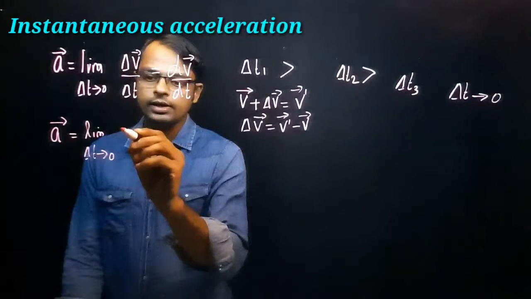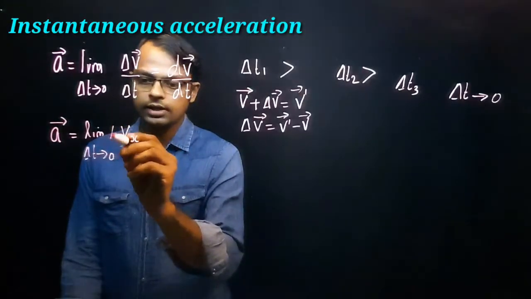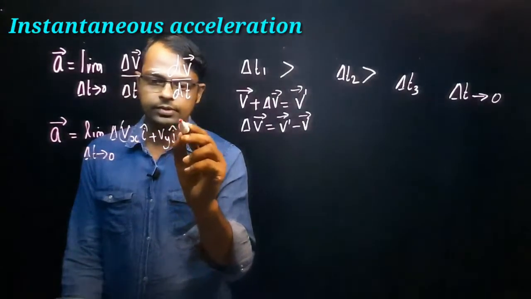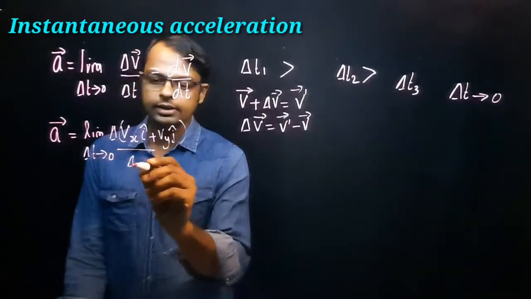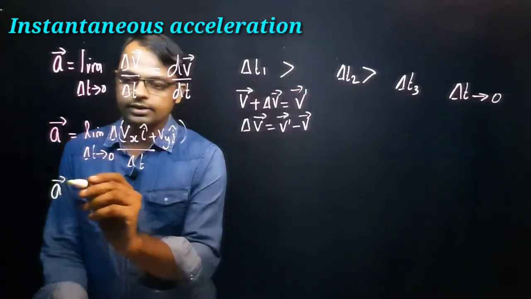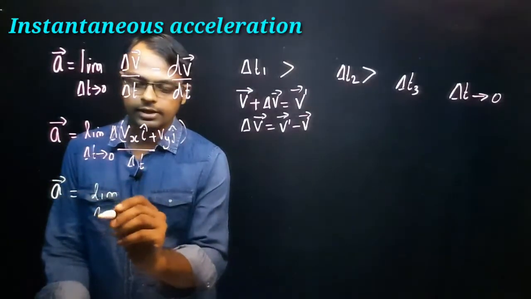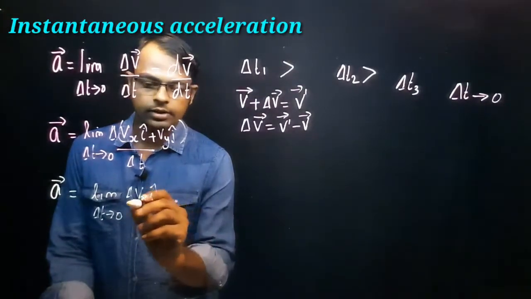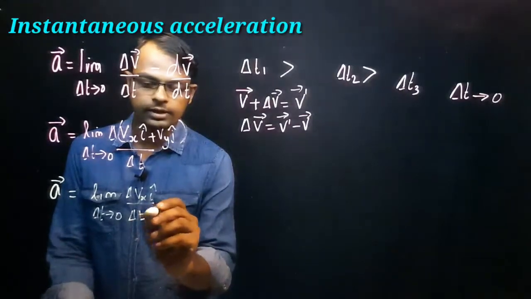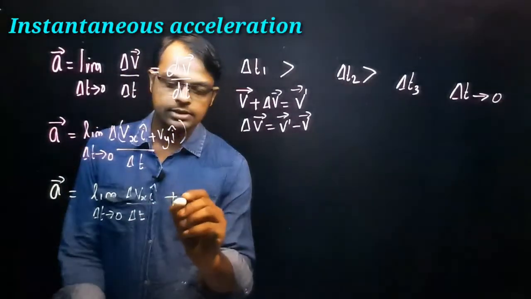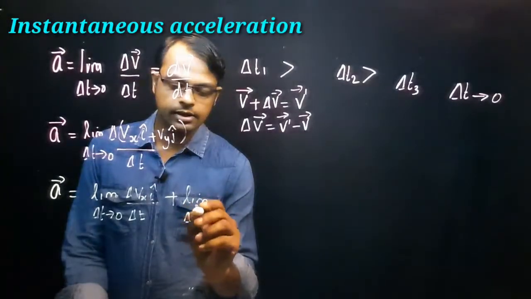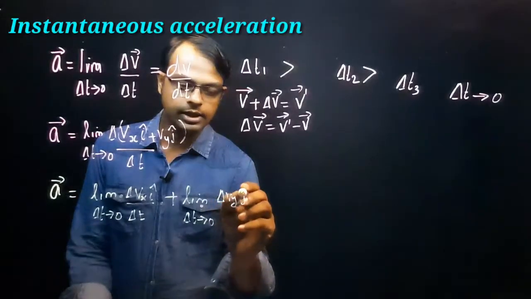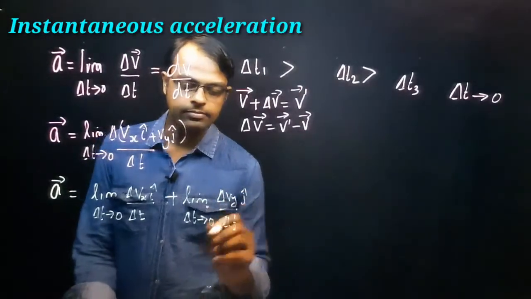Now what is delta v? Delta v means delta of (vx i cap plus vy j cap), correct, divided by delta t. That is, we can write here a vector is equal to limit delta t tends to 0 of delta vx i cap divided by delta t, plus limit delta t tends to 0 of delta vy j cap divided by delta t, correct.